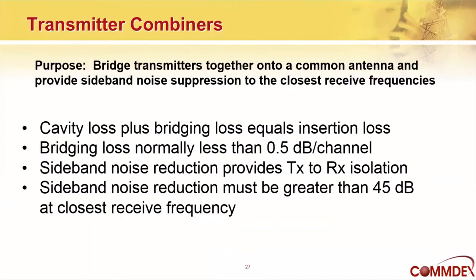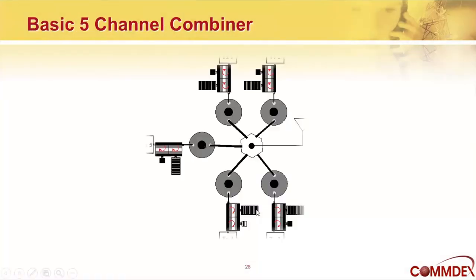This is normally about a half a dB per channel. There is sideband noise reduction provided by these cavity filters in a combiner, and we'll typically see about 45 dB of sideband reduction. So they have some secondary functions as well as combining transmitters.